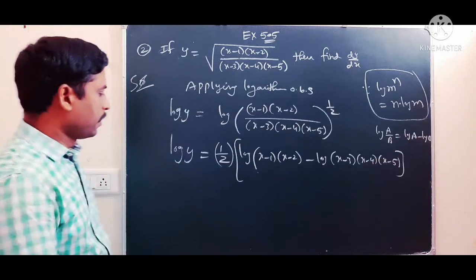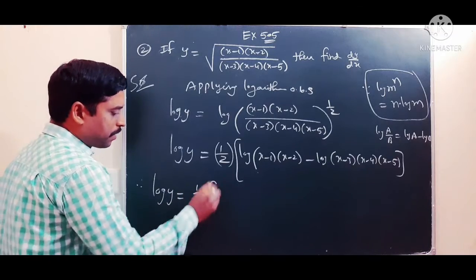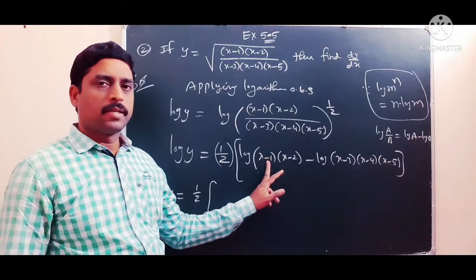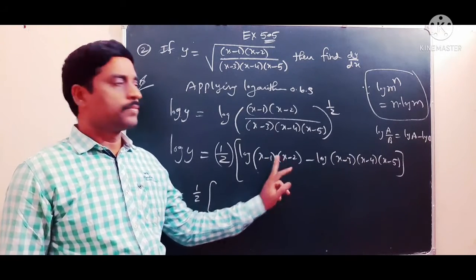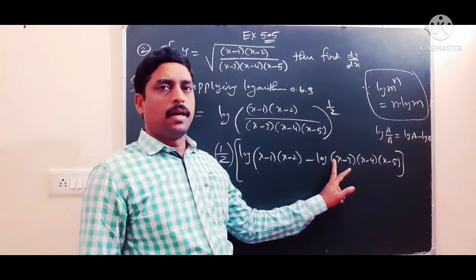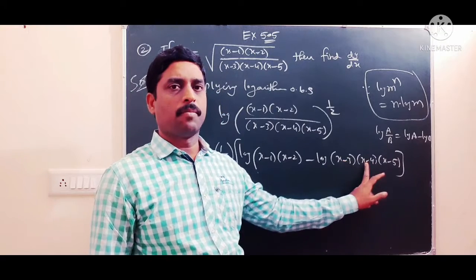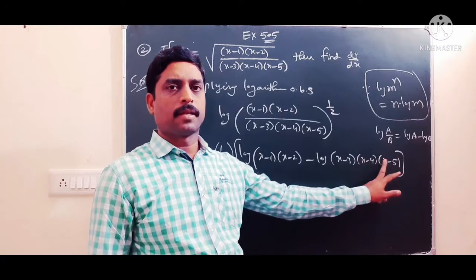Okay, so therefore log y is equal to 1 by 2 times of, we should apply the log ab formula: log of (x minus 1)(x minus 2) is log (x minus 1) plus log (x minus 2). In the denominator we should apply the log abc formula, log a plus log b plus log c: log (x minus 3) plus log (x minus 4) plus log (x minus 5).